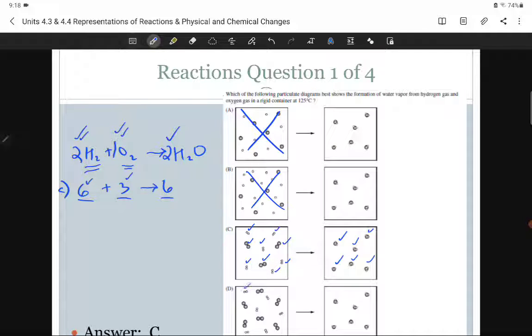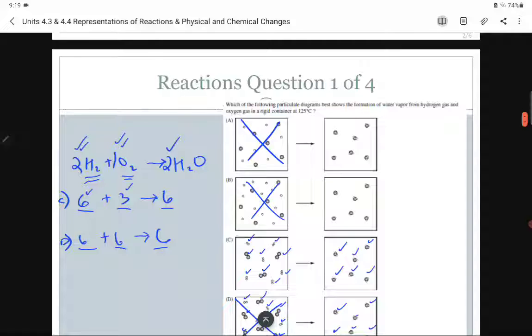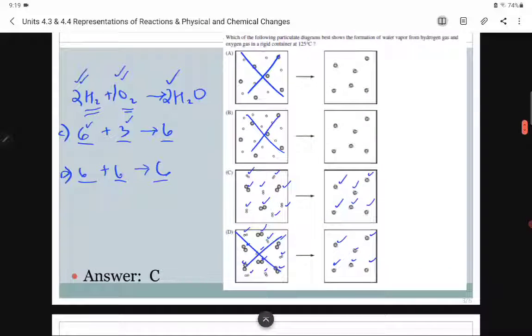We have 6, 6, and we made 6. Well, that's a 6 to 6 to 6, not the same thing as 2 to 1 to 2. So we don't like D. If there's a chemical reaction in the question, it definitely is an advantage for you to write out a balanced chemical equation.